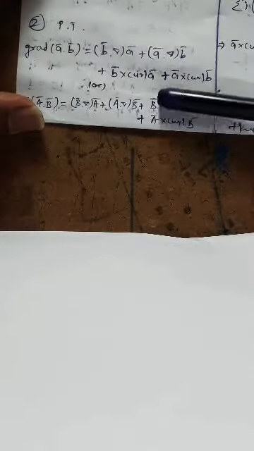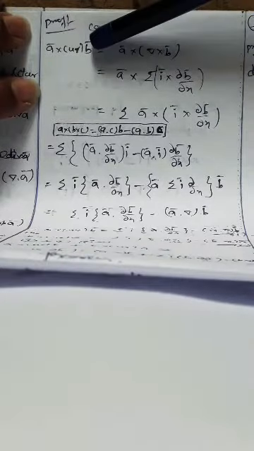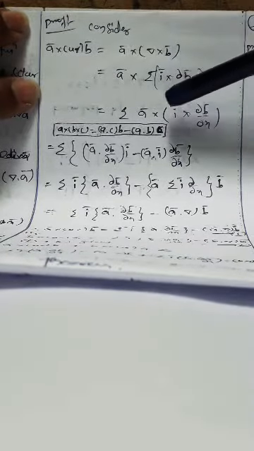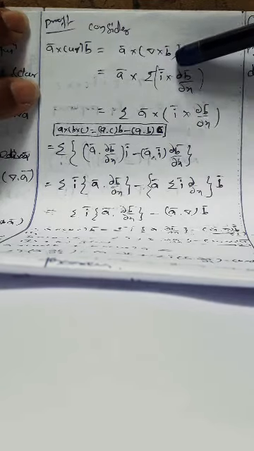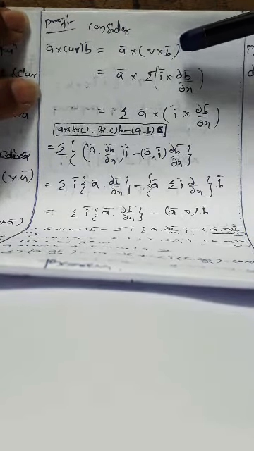To prove this type of problem, let me consider individually just A cross curl B, and we are going to solve this one. We know the formula of curl B is del cross B. So A cross of del cross B is A cross of i cross dou B by dou x plus j cross dou B by dou y plus k cross dou B by dou z.